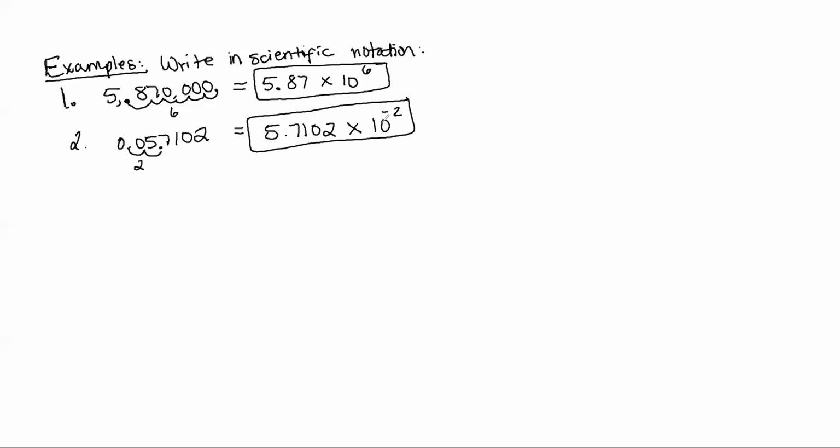All right, so now the last thing we want to do here, we're going to do a couple of different operations with scientific notation numbers. First thing we're going to do is multiply numbers in scientific notation.